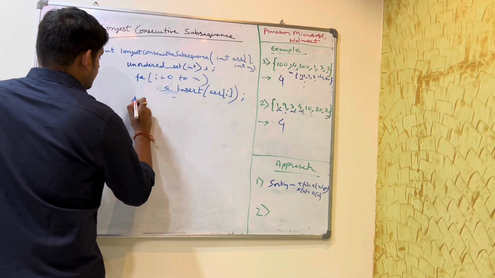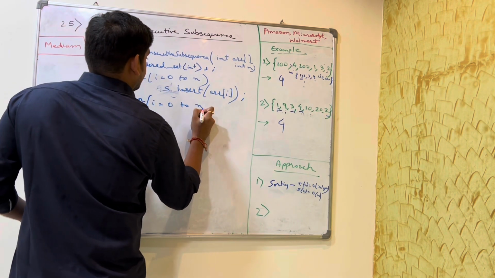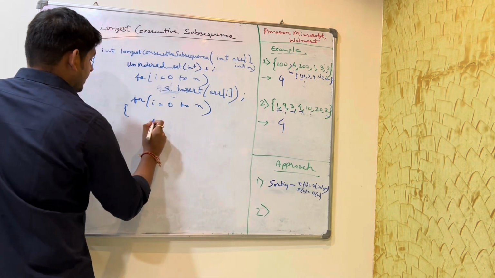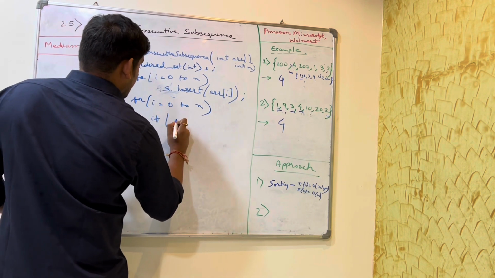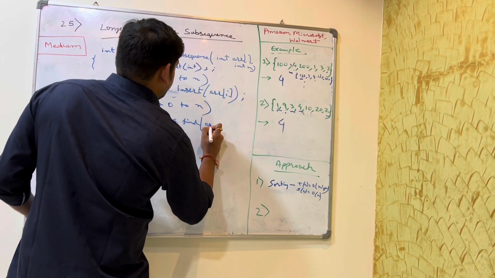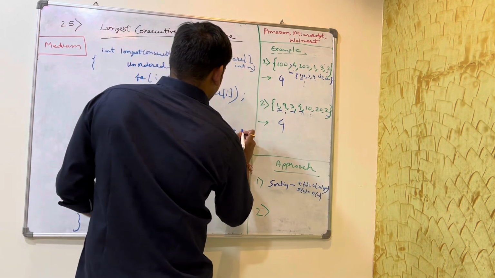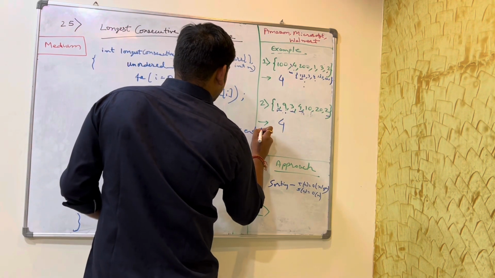Now we traverse the array again, for i equal to 0 to n, and we check whether s.find of array of i minus 1 is equal to s.end. What does this mean?